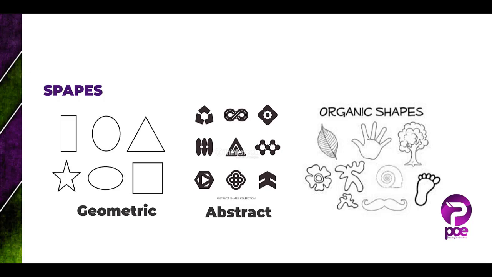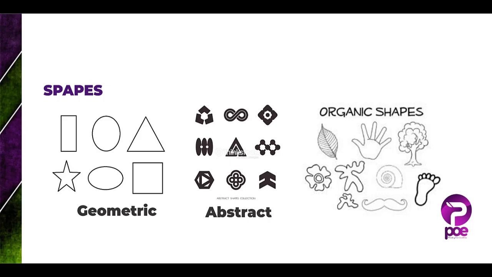Abstract shapes are gotten from those geometric shapes combined in one way or the other. Organic shapes look like stuff drawn with a pencil, manipulated by human hands. They are not geometric; they look more like real life objects.